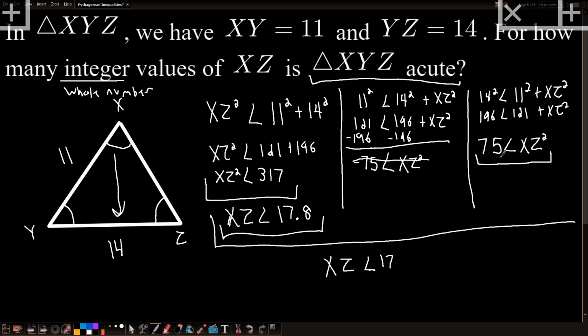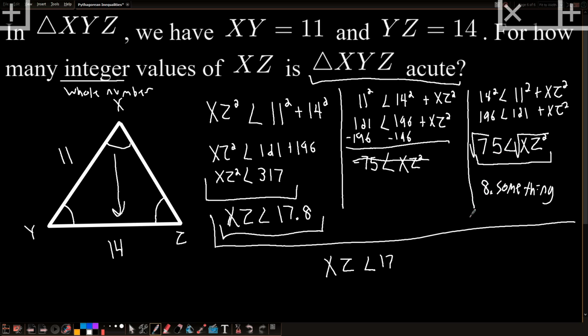Now, it also has to be greater than, this is like 8 point something. So if it's 8 point something, it has to be greater than that. Well, this is after you square root it, right? And it has to be greater than that.